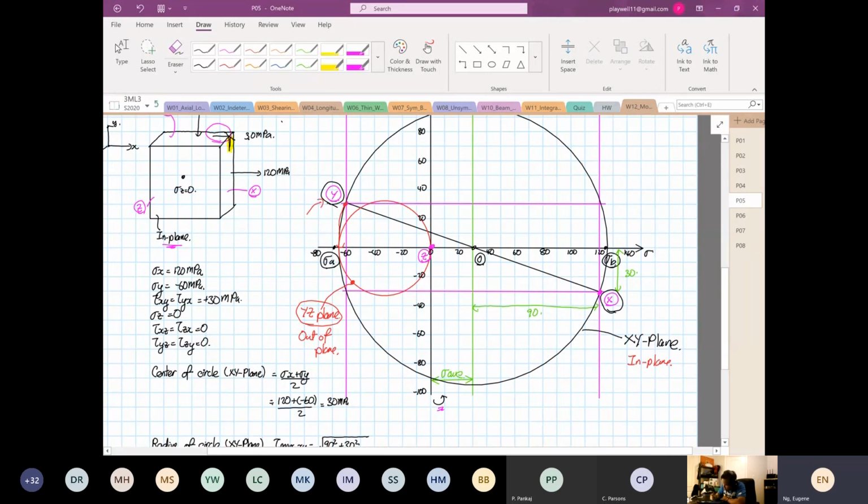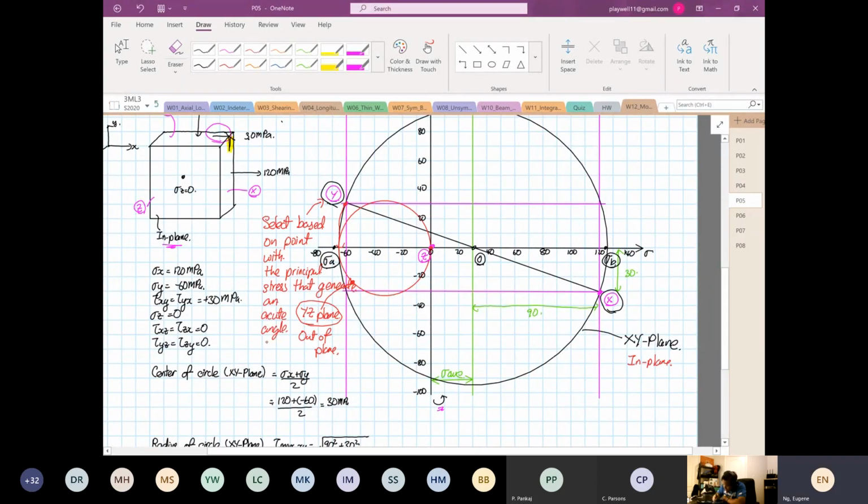So this is Y, right? So you have the selection. You select based on the point with the principal stress that generates an acute angle.